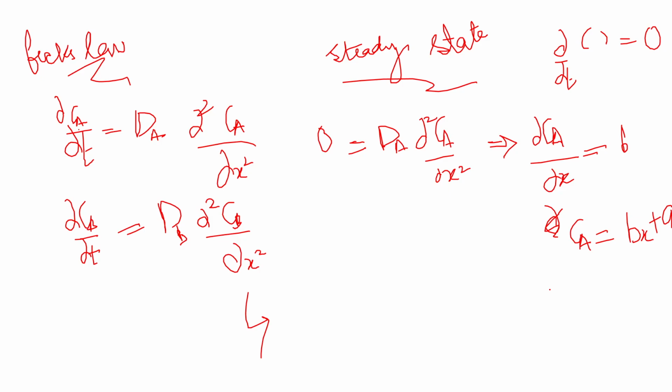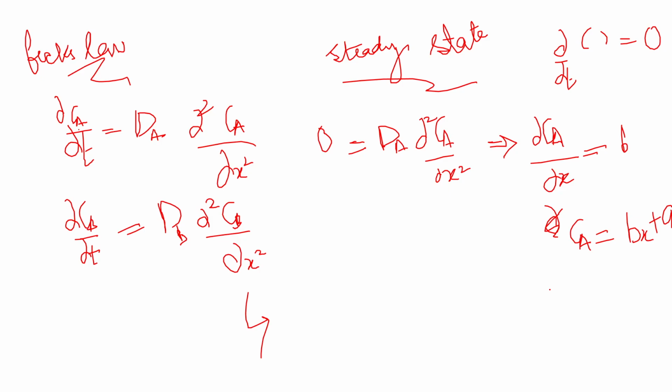It is something in the form of the Laplace equation, where the variable varies with respect to time as well as position. If I simplify it and say it varies only along the x-axis, I'm not considering the multi-dimensional variation. I can write it as dou C by dou t equal to dA into dou square C by dou x square.